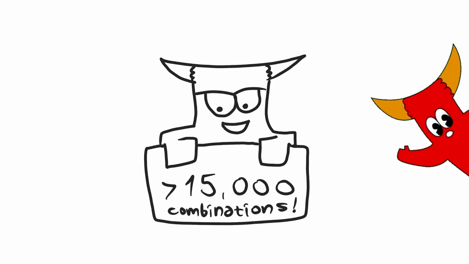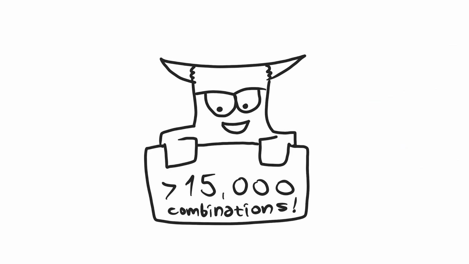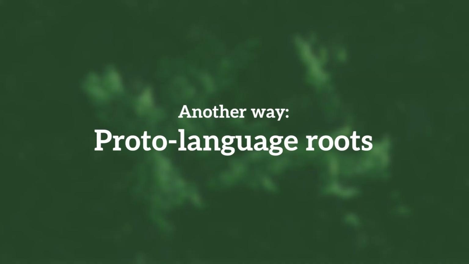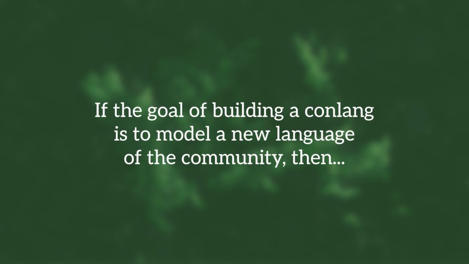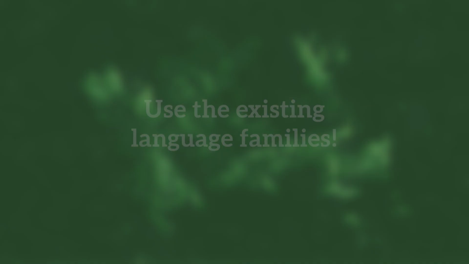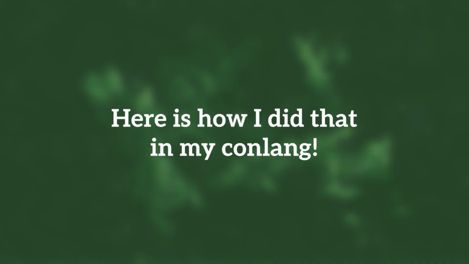Oh, that's too much. Another way is to use roots from language families, especially proto-languages, which were the inspiration for the real modern languages. If the goal of making a conlang is to model an entirely new language of a specific community, then use the existing families.